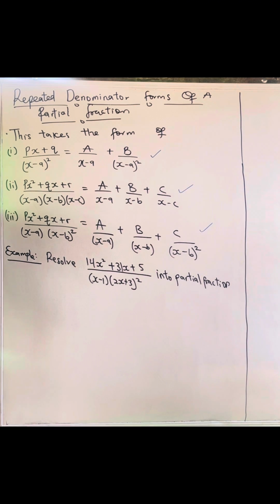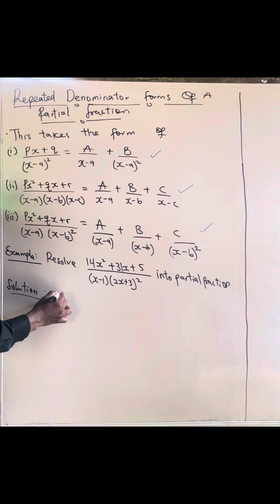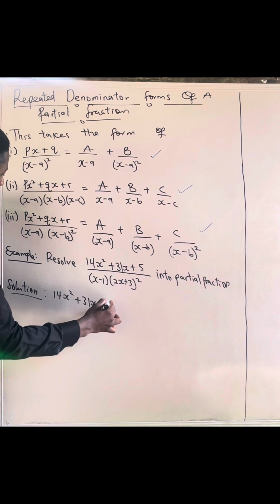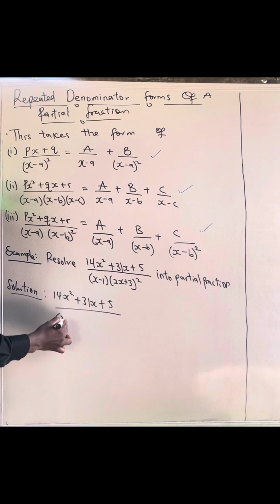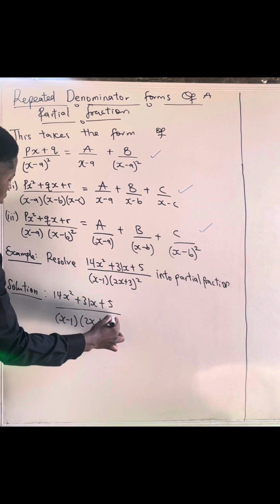So therefore, you are going to write the solution. This is the question: 14x squared plus 31x plus 5 all over x minus 1, 2x plus 3 all squared.